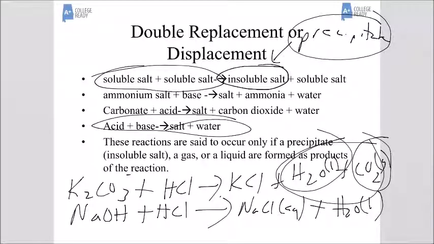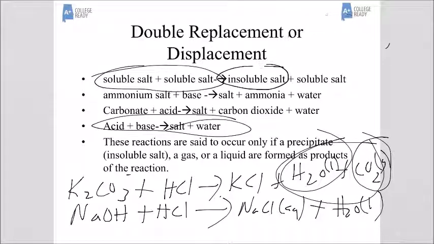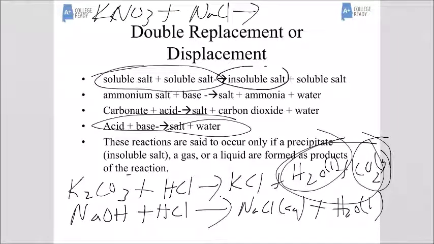Let's look at an example where there wouldn't be a reaction. Let's say that we were reacting together potassium nitrate plus sodium chloride, both aqueous salts. They switch places. We get sodium nitrate, which is also aqueous, plus potassium chloride, which again is aqueous.